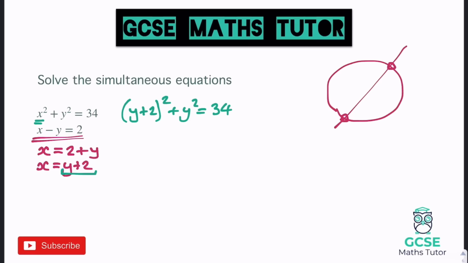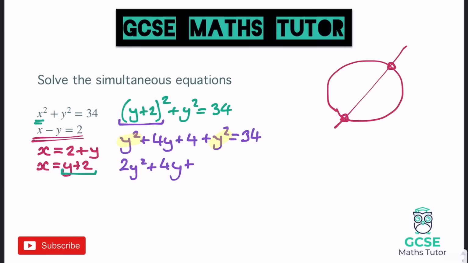So if we go about expanding this first bracket here, I'm not going to write it as a double bracket, I'm just going to go for it. So y squared, plus 4y, and plus 4 at the end. And then obviously we've got plus y squared equals 34. Now we can tidy that up because we've got these two y squared pieces, so we can add those together. So we've got 2y squared plus 4y plus 4 equals 34.